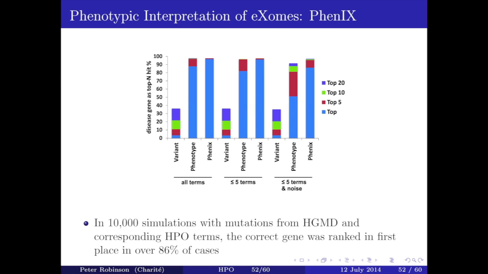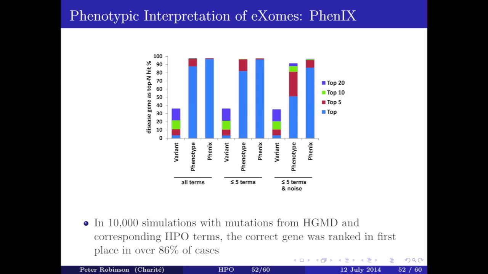This is actually unfair because in our simulations we were using all terms, and some diseases have about 100 annotations in the HPO, and so nobody's going to do that. So we limited here to 5 terms, but I think this is more realistic. We limited the number of terms to 5, and we took 2 of these terms and made them less specific. So instead of having, let's say, arachnodactyly, we would have abnormality of the finger. So this simulates the case where the doctor doesn't really know what something's called, but he knows sort of where it is.